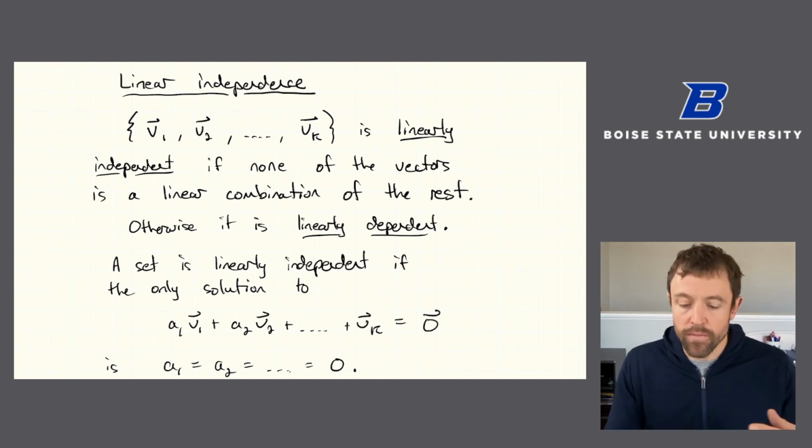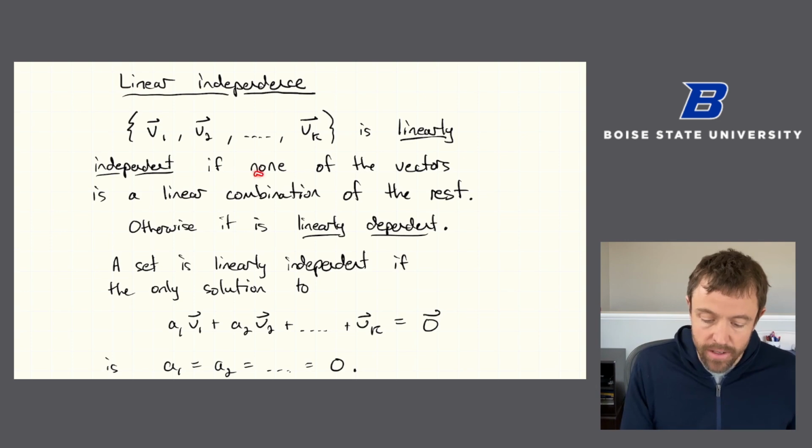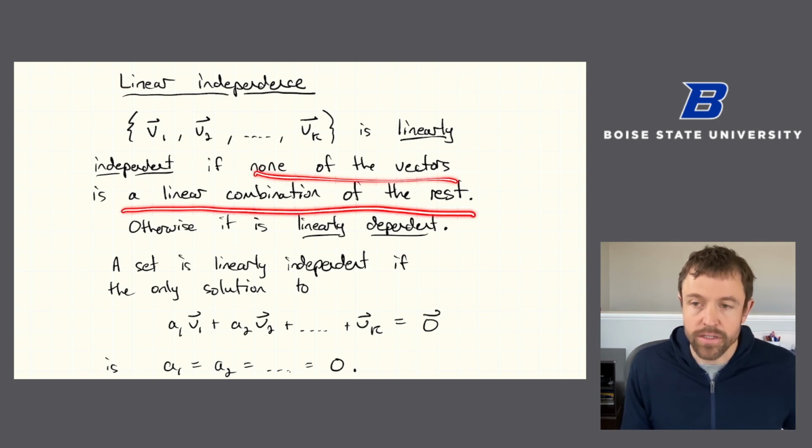So this is an equivalent way of saying that none of the vectors is a linear combination of the rest.